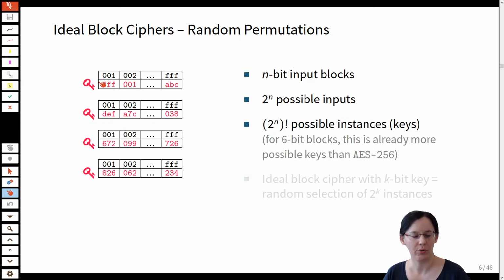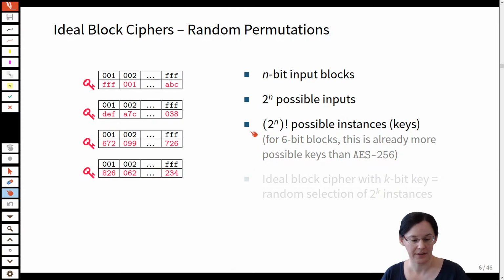And by creating a lookup table where on top we have the plain text and on the bottom we enter all the possible ciphertext values, any reordering of these ciphertext values, of which there are this number factorial many possibilities, each of these reorderings gives a valid permutation that we can use as a block cipher, so a translation mechanism from plain text to ciphertext.